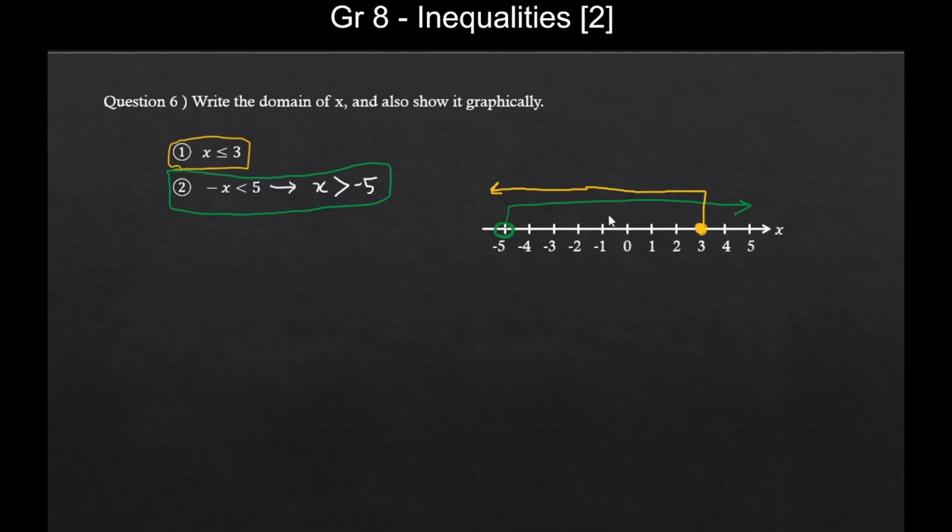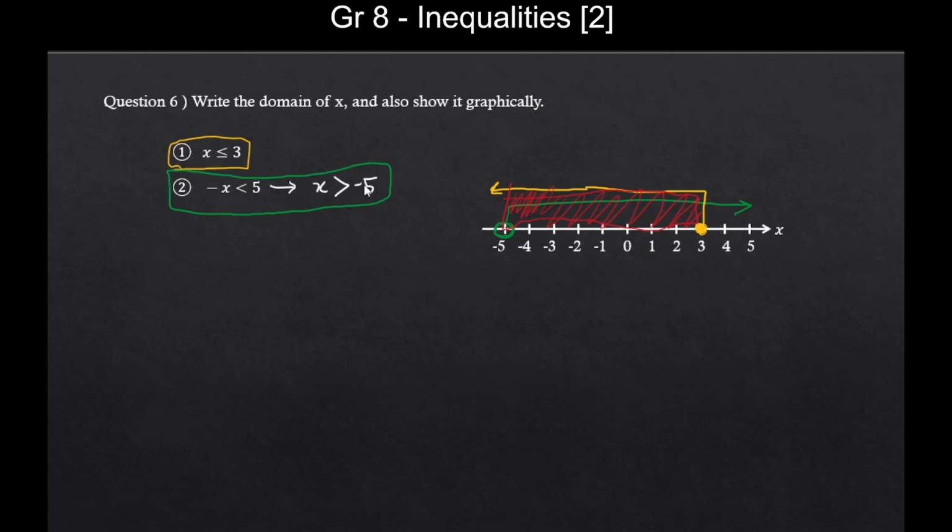In order to satisfy both inequalities at the same time, our x value should be somewhere in this region. So I'll color it with red. This region is where both inequalities will make sense for our x value. Imagine if our x value was outside the red region, for example, x being equal to 4.